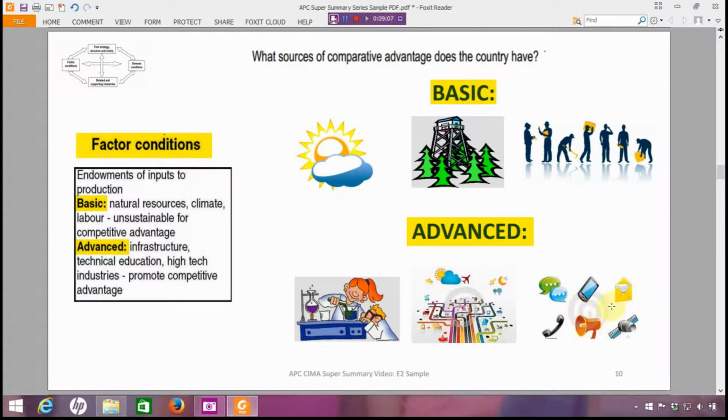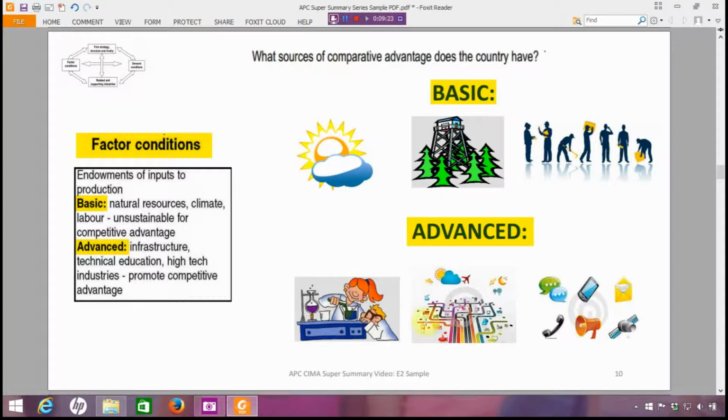Over and above that, in terms of infrastructure, telecommunications. Telecommunications are key, again man-made. So these advanced factors, being man-made, really helped the German car industry to usurp their neighbors.